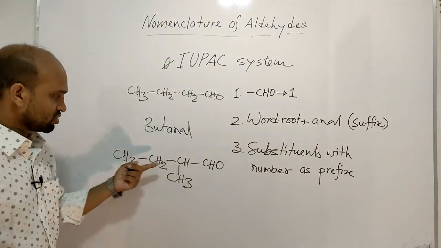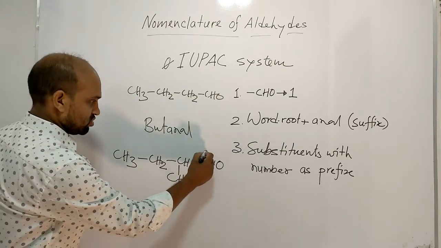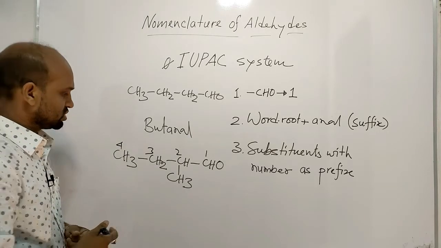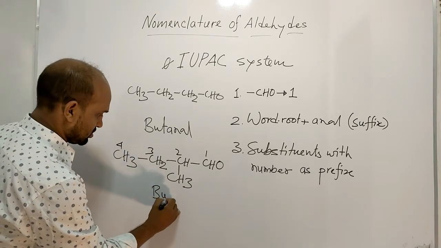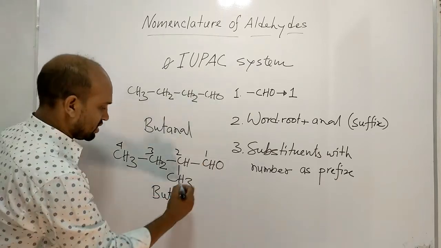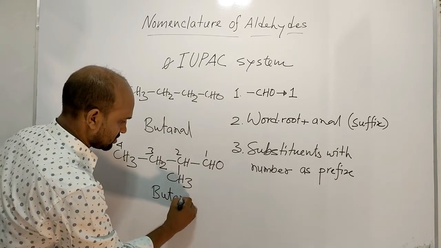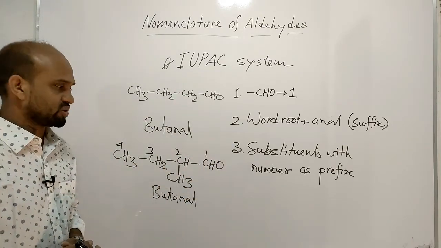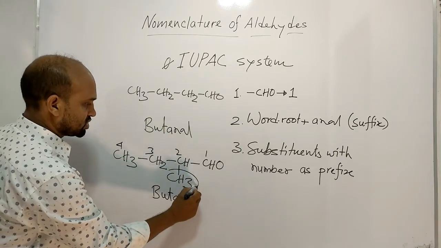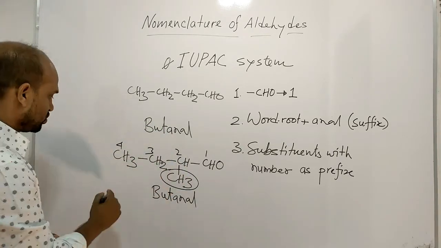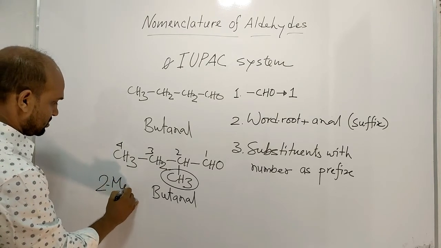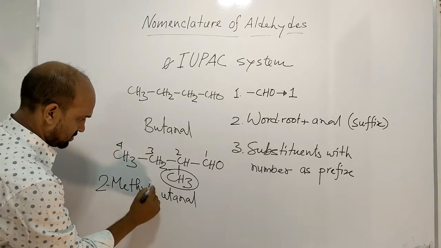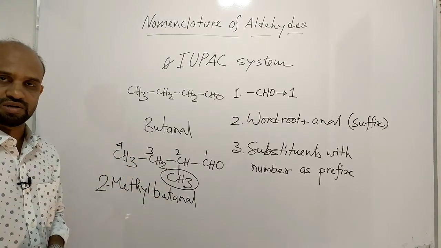Now the carbon atoms are numbered from the right. 1, 2, 3, 4. 4 carbon atoms, so word root is here but and anal as suffix. Substituents with number as prefix. Here at 2 there is a substituent, that is methyl group, so 2-methyl butanal.